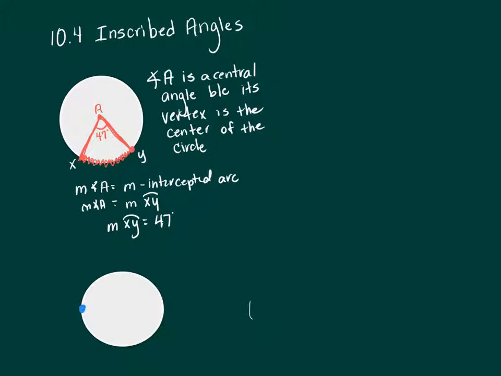And we're going to put an angle in here. I'm going to call this vertex B. Okay, and we're going to cross out here again at XY. This time my intercepted arc is this little piece that I'm squiggling in. Again, it's the piece that's in between the two sides of the angle.